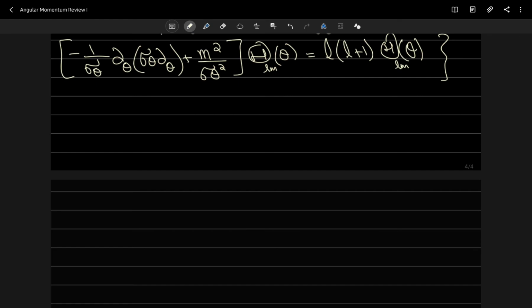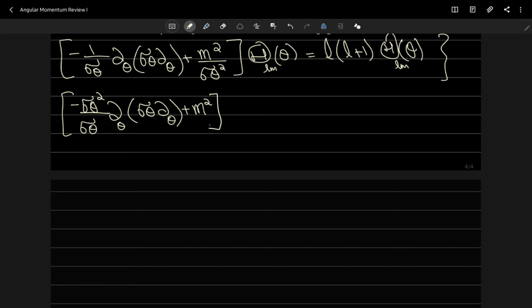So from here now, like I said, we will multiply it with sine squared theta on both sides of this equation. On doing so, we get negative sine squared theta over sine theta, partial derivative with respect to theta, times sine theta partial derivative with respect to theta, plus m squared. This sine squared that was over here goes away.